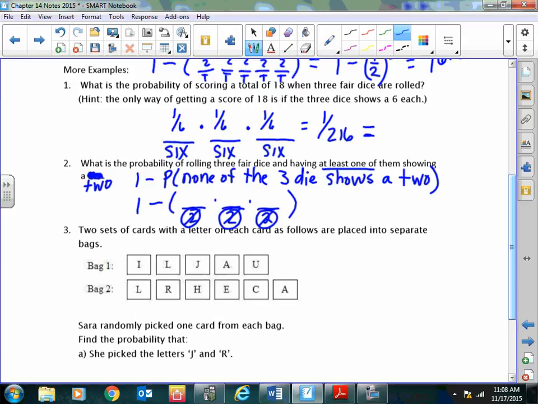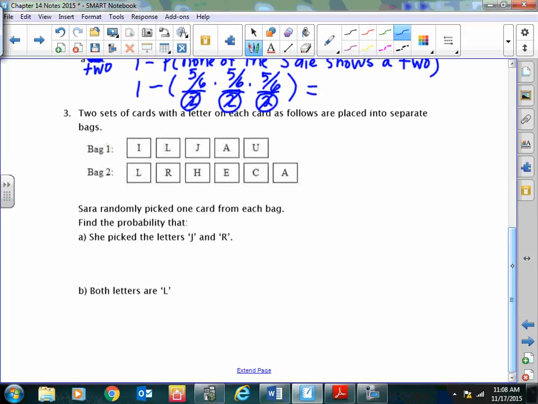And what's the probability of not being a 2? 5 out of 6 times 5 out of 6 times 5 out of 6. So whatever that ends up being mathematically is your answer. Okay? Did you do all right on that? Okay. All right. Well, if you did all right on that, then do number 3.